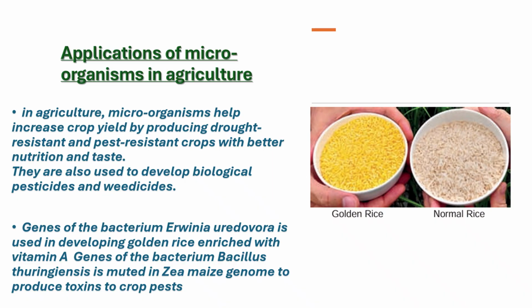Genes of the bacterium Erwinia uredovora are used in developing golden rice, enriched with vitamin A. Genes of the bacterium Bacillus thuringiensis are inserted into the Zea mays genome to produce toxins against crop pests.